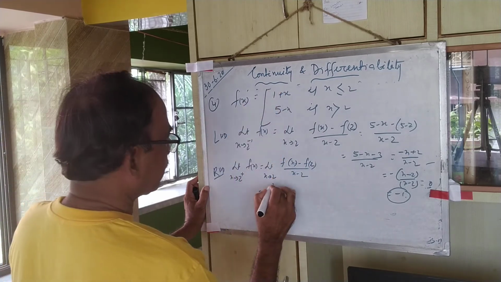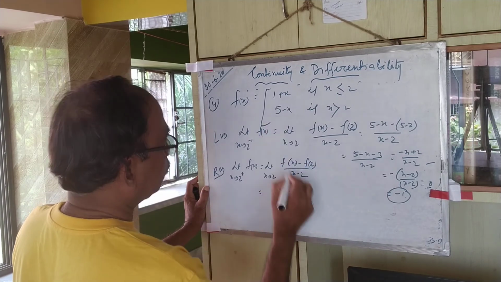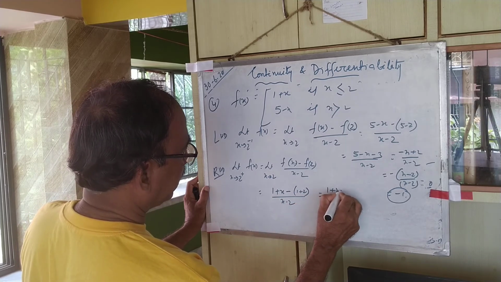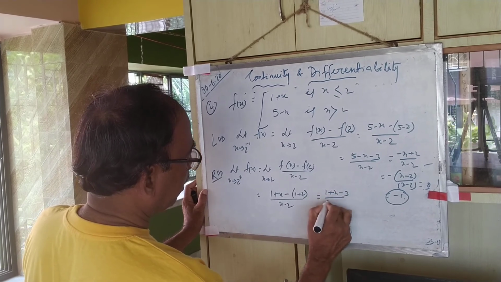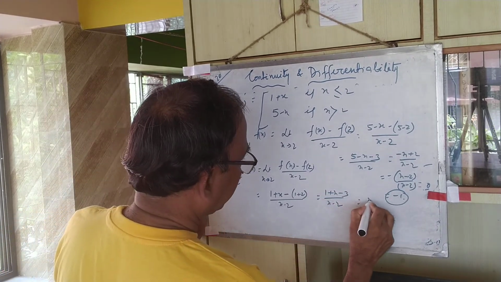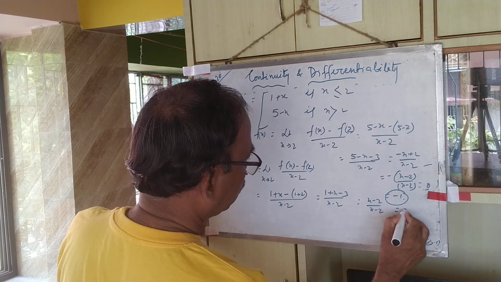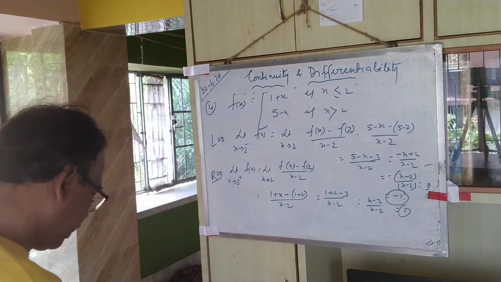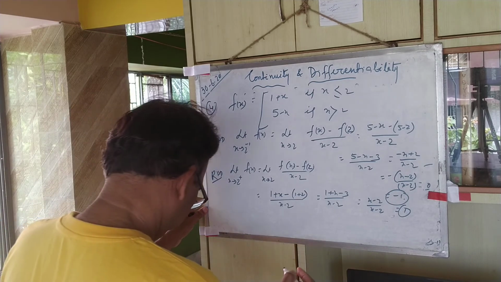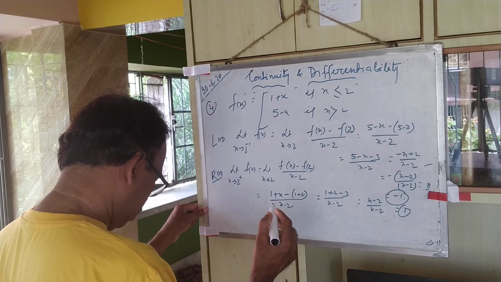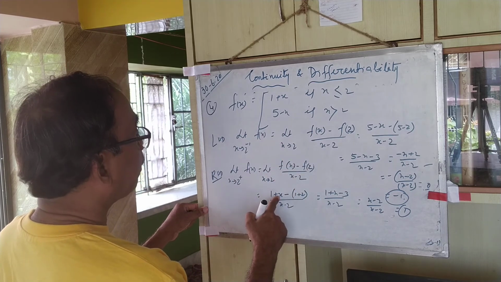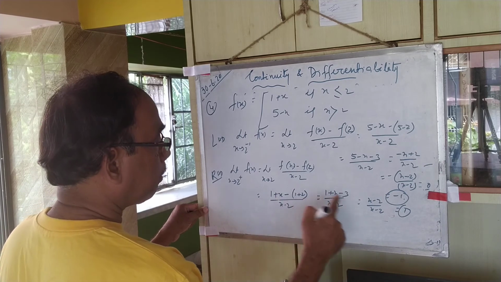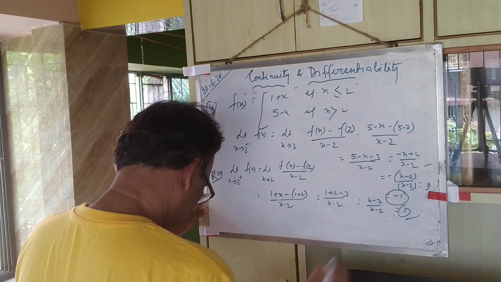Here f(x) is 1 plus x, minus f(2), is 1 plus x minus 3 over x minus 2, that is x minus 2 over x minus 2, that is 1.